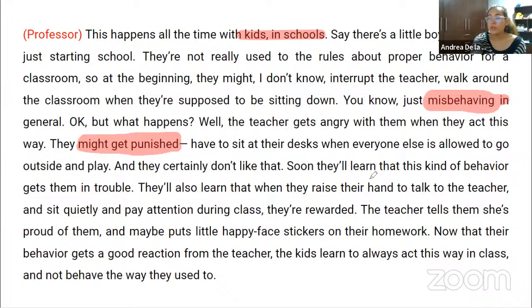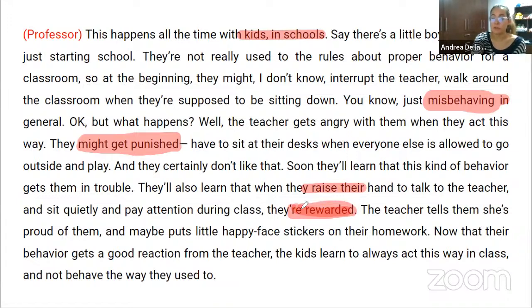Now, on the other hand, when they behave properly, when they behave well, when they raise their hand, when they are quiet, they are rewarded, right? So when they behave well, they are rewarded. They also see that and they learn what the reaction and what the consequence of behaving well is, a reward. So they probably like that.